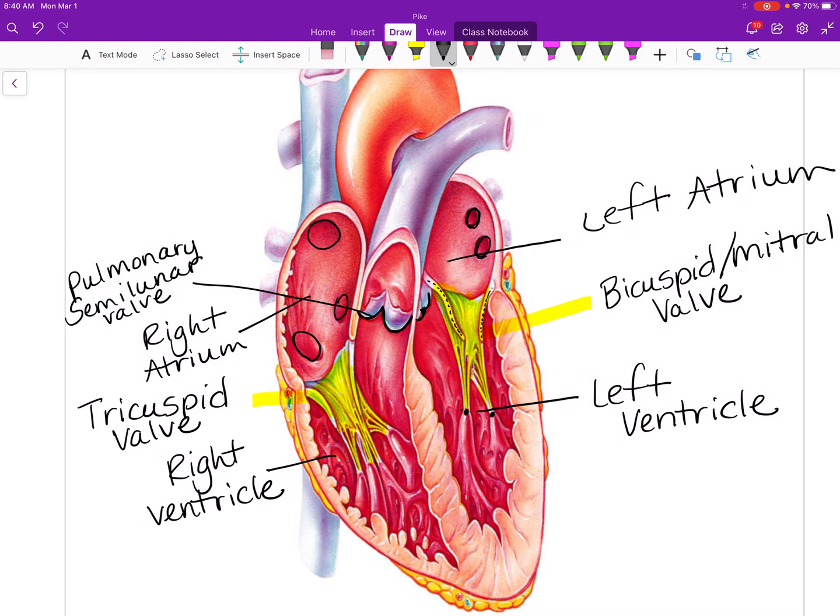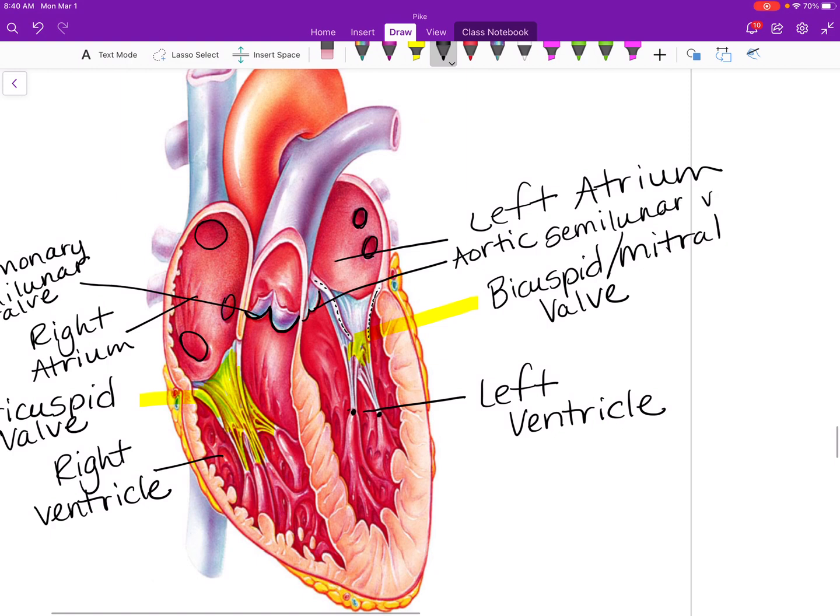Do you see these little babies' butts right here? That one, entering the aorta, which goes behind that pulmonary trunk, is your aortic semilunar valve.